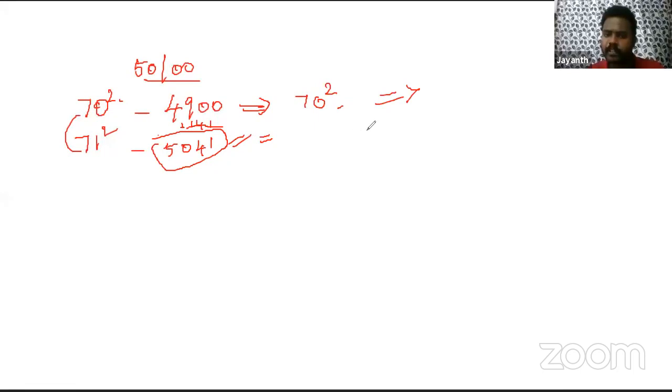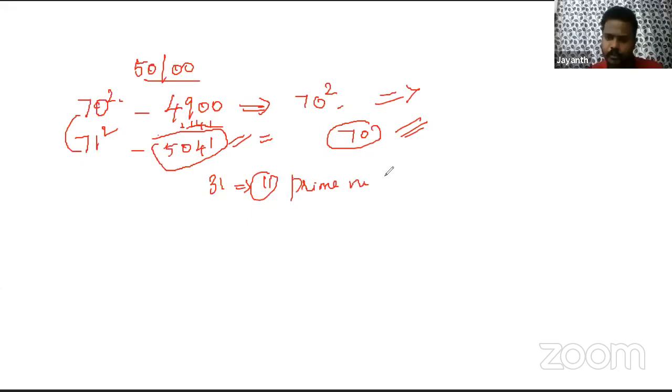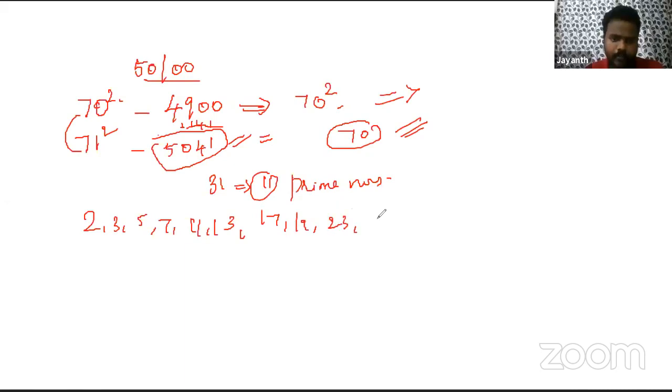So 70 is the maximum square we have in 5000. So up to 70, how many prime numbers are possible? We know that up to 31 we have 11 prime numbers. I'll write them: 2, 3, 5, 7, 11, 13, 17, 19, 23, 29, 31.